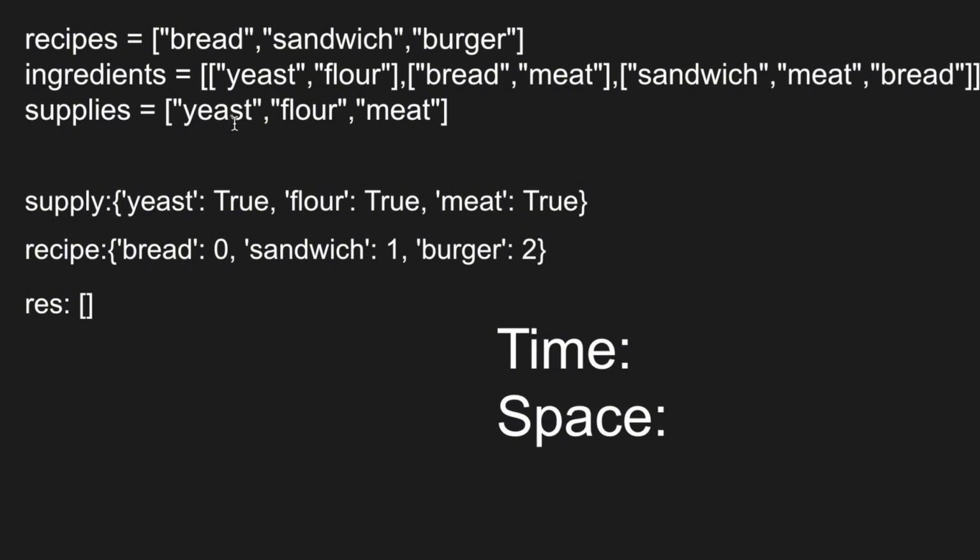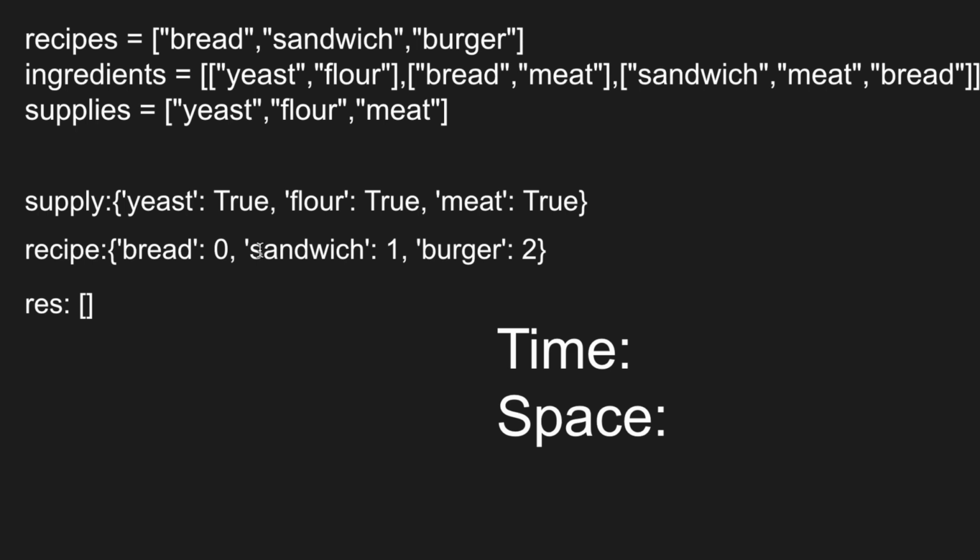We will look through each recipe one by one and look at the ingredients it requires. If the ingredients are in supplies, then we can return true right away. If all the ingredients return true, then we know that we can make that food, and we will add that food to the resulting array. As soon as we know that we can make a certain food, we will also add it to the supply, so in case other foods require this food in the future, it can also check out as a supply that we have.